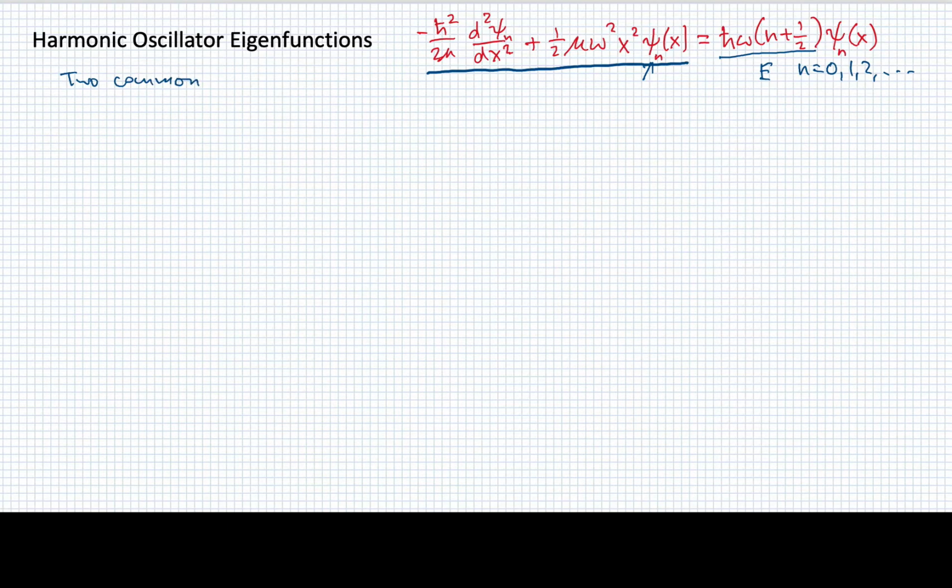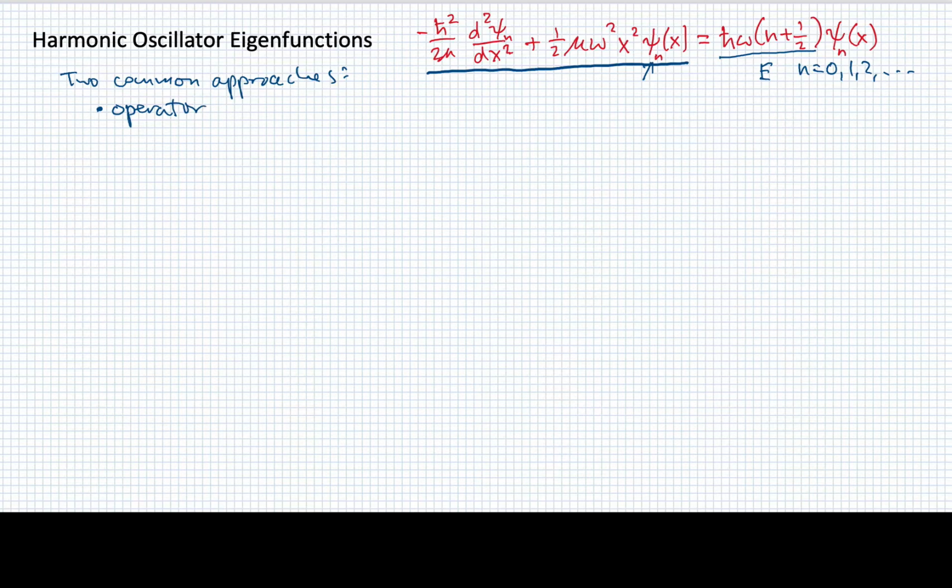Now I'm going to say there are two common approaches. I won't say they're the only approaches, but they are two common approaches to solving for these eigenstates. The first, and I'm going to mention this first because I think it's the easier one, but it still involves a little bit of sophisticated mathematics.